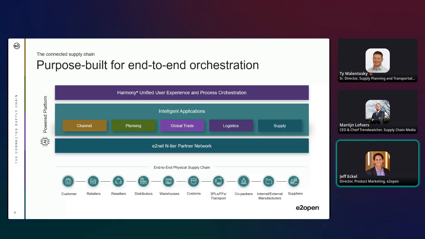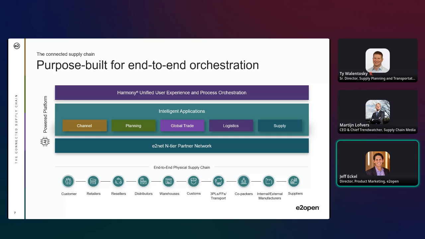It's really that e2open combines this multi-tier network platform that connects more than 400,000 suppliers, manufacturers, transporters, channel partners, with a full range of planning and execution applications, all in one place in the cloud to manage the extended supply chain for our clients.